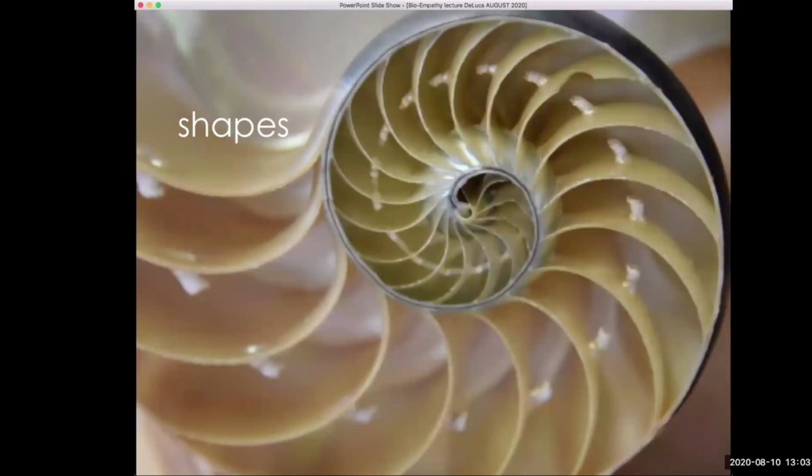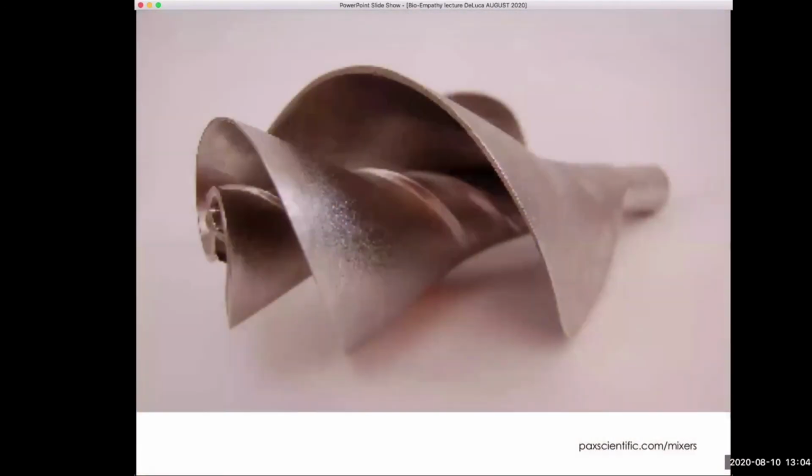Another strategy, or whole set of strategies, that nature uses is shape. We talked about heat, beat, and treat, and making waves. Instead of adding a lot of energy or chemicals in order to make things happen, just by the shape alone you can perform functions. And we see this spiral shape all over nature because spirals perform all kinds of different functions. One example is that it is the optimal fluid flow shape.